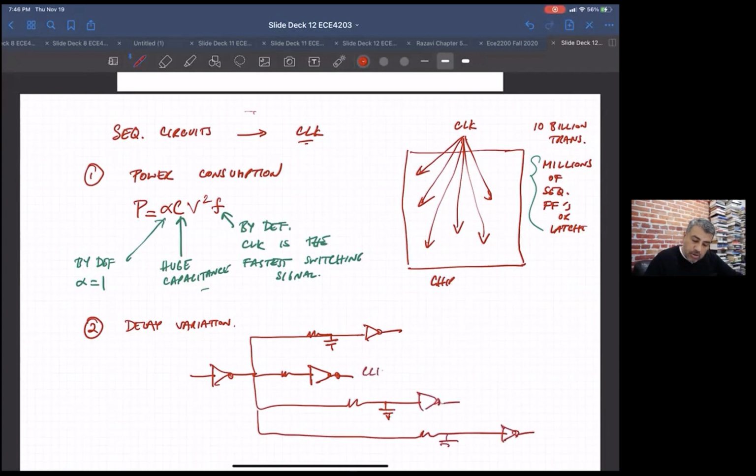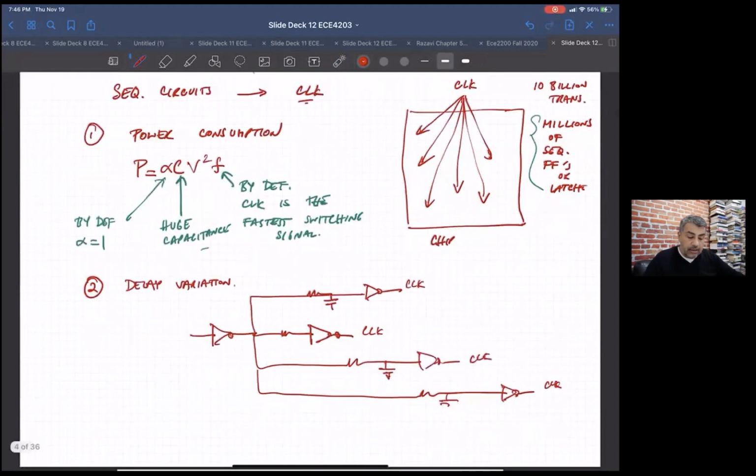And these are all clocks going to different places in your chip. So these things are all getting to where they're going at different times. And that delay variation is called clock skew.